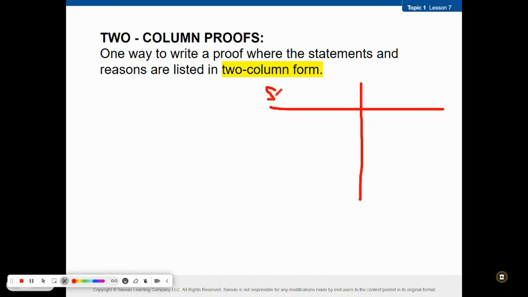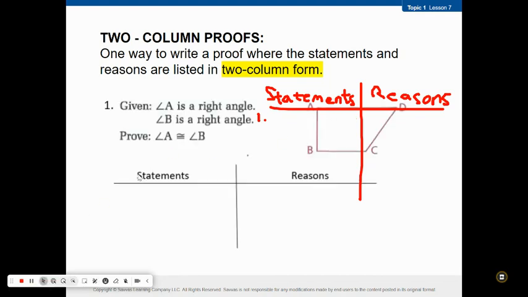Here you will have statements, and then you will have reasons for those statements. And then you list, like, one, your givens, and then keep going from there to prove things.